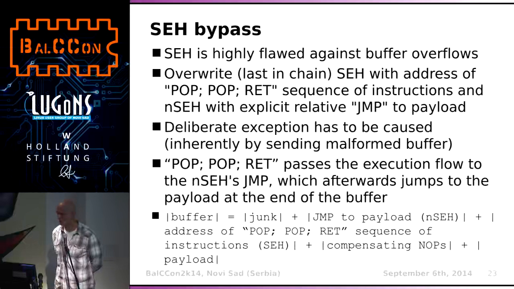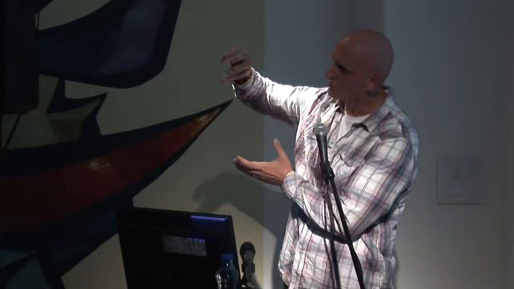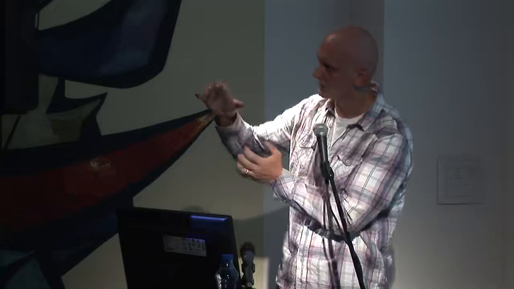So now imagine that you are able to overwrite those pointers, and once you do the buffer overflow, in lots of cases an exception will be raised, and if you are able to override those pointers to a piece of code that you control, you can just execute the shellcode afterwards.